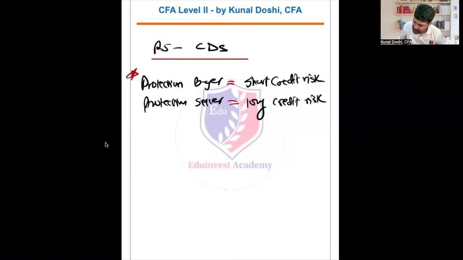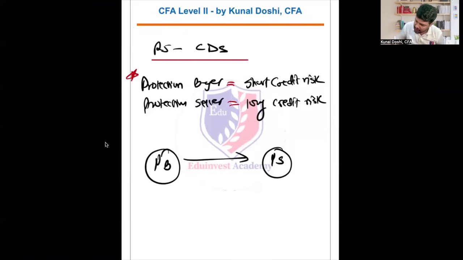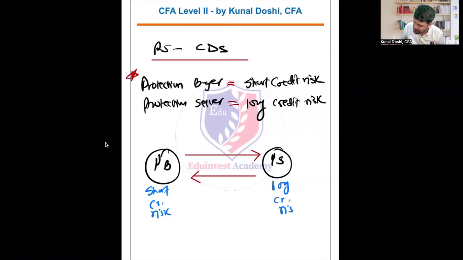Now, just for your reference, the protection buyer will pay regular premiums to the protection seller, isn't it? The protection buyer, by the way, is my short credit risk. This guy is long credit risk.